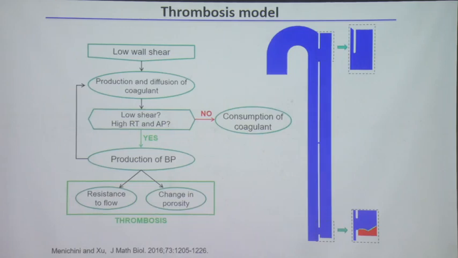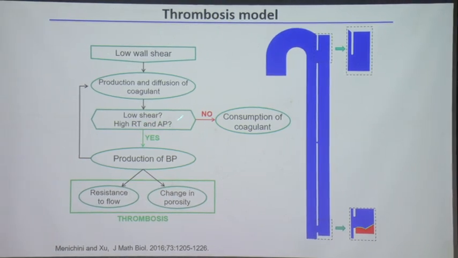Right, so this is the flow chart for the thrombosis model. You start by modeling the flow, and once you have resolved the flow field, you work out the shear stress and identify a low shear region. Then in the low shear region, you trigger the production and diffusion of a coagulant. And then you set some threshold: if the shear is sufficiently low and the relative residence time is sufficiently high, it can trigger further events.